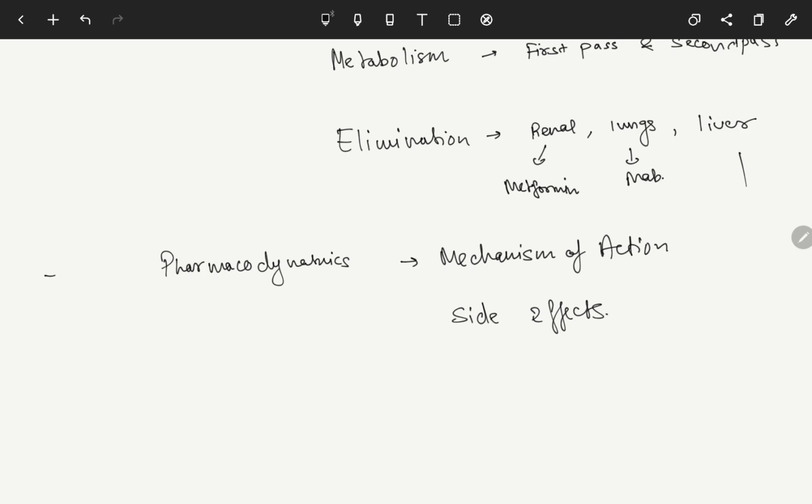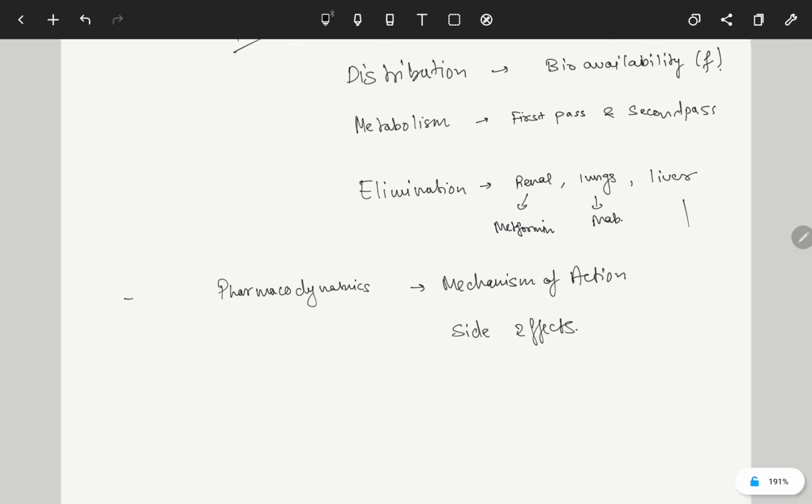Cytochrome P450 is involved, but we'll talk about that in future videos. Then there is pharmacodynamics, which is basically what the drug does to the body. It involves mechanism of action and side effects.